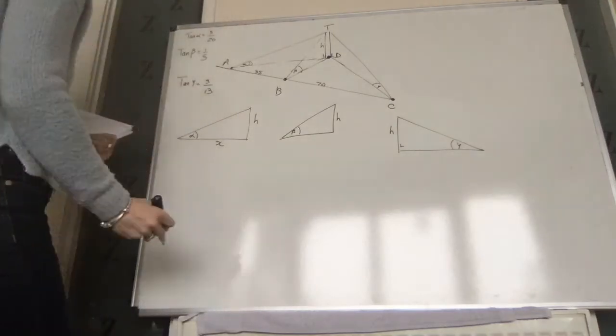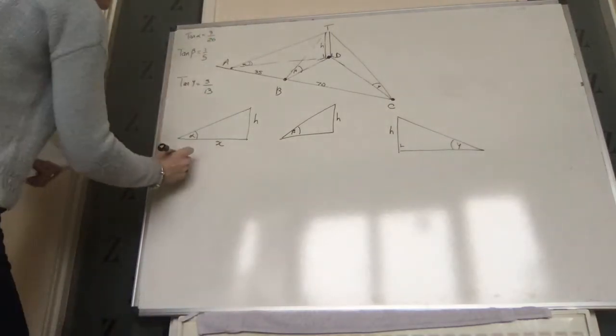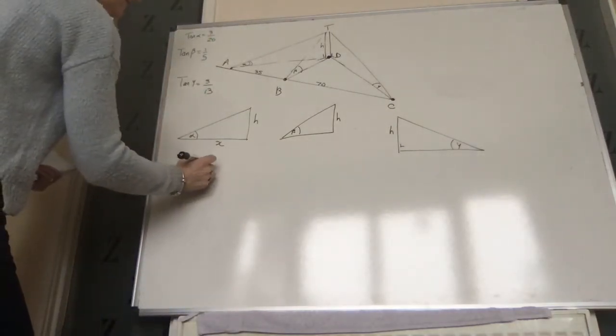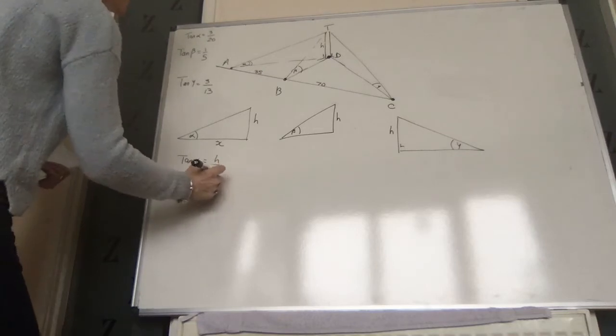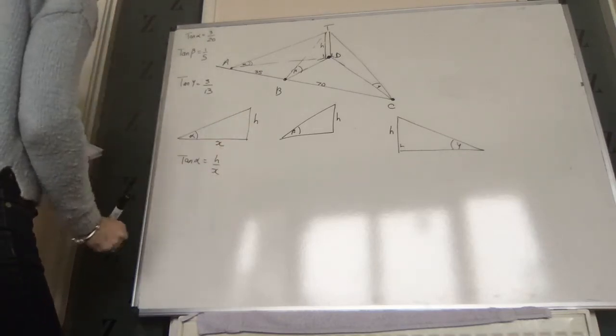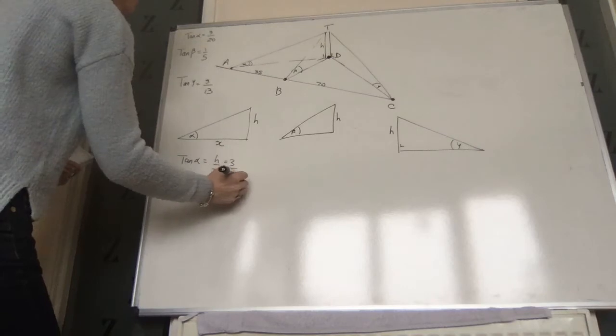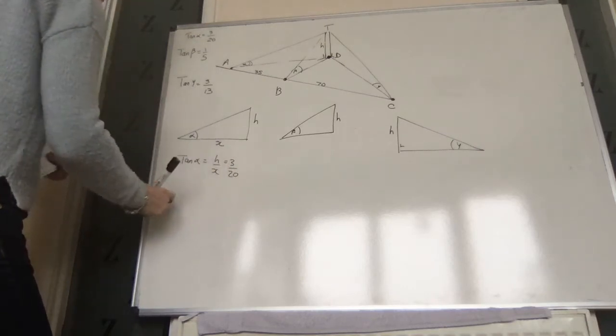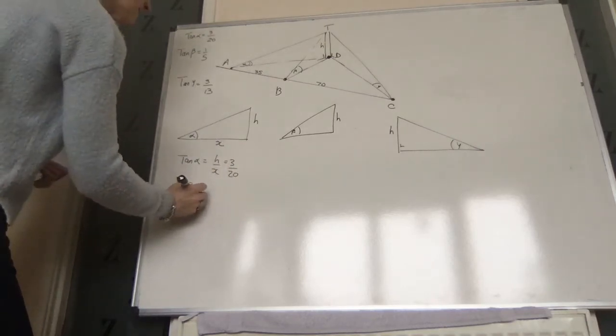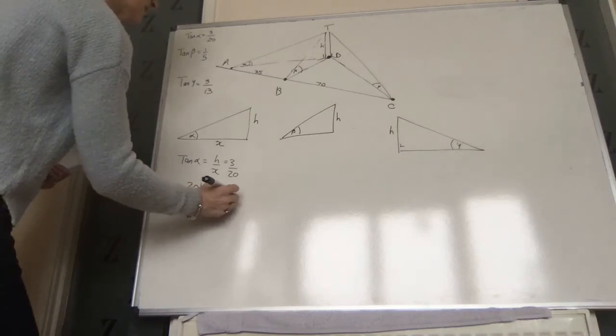Well, we're told the tan of alpha is 3/20. The tan of alpha is h/x, opposite over adjacent, which is 3/20. Basically multiply by 20 and multiply by x, and we get 20h equals 3x.